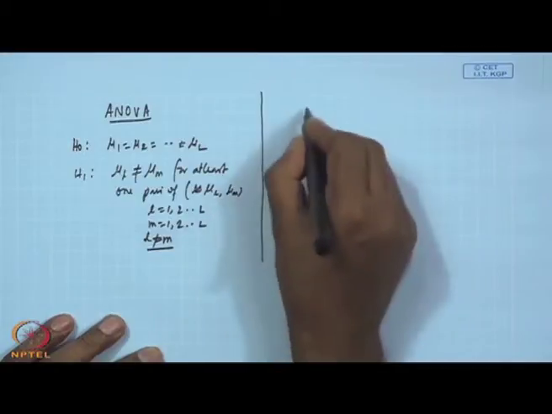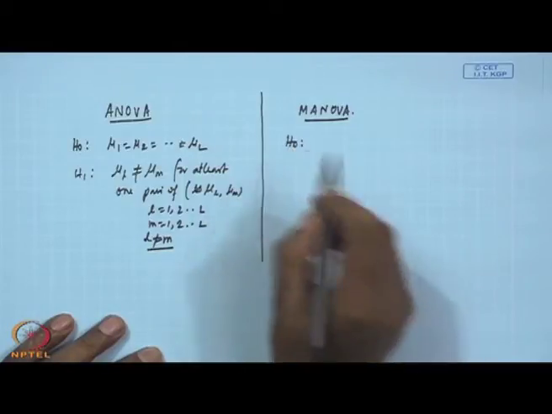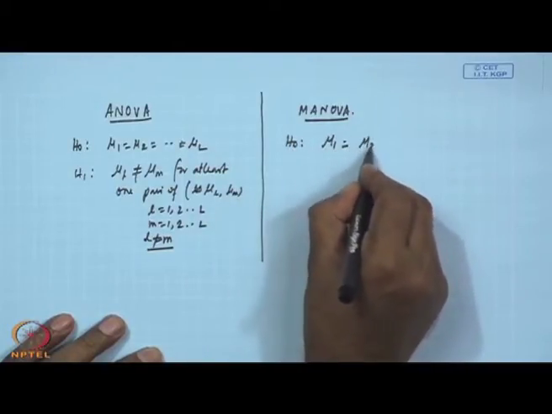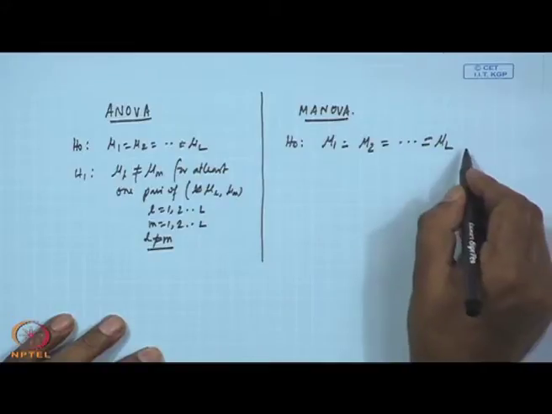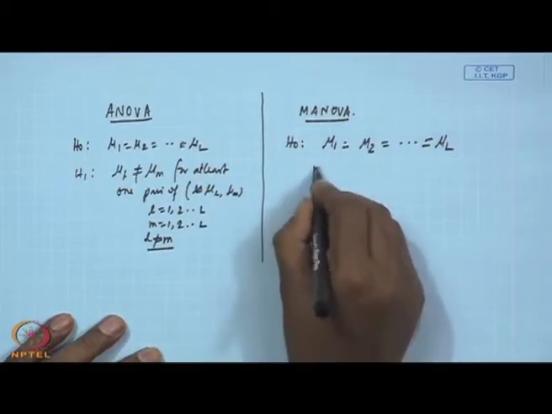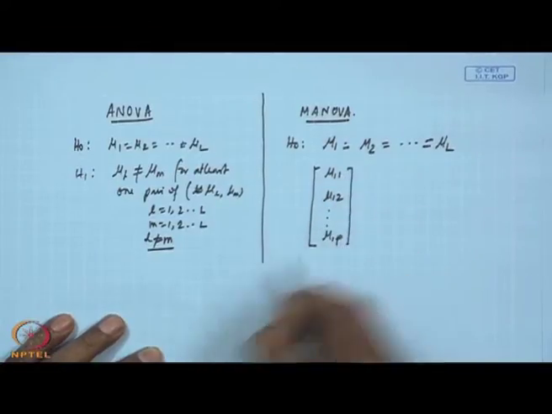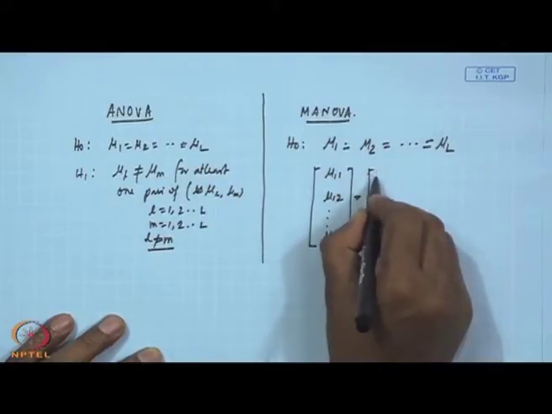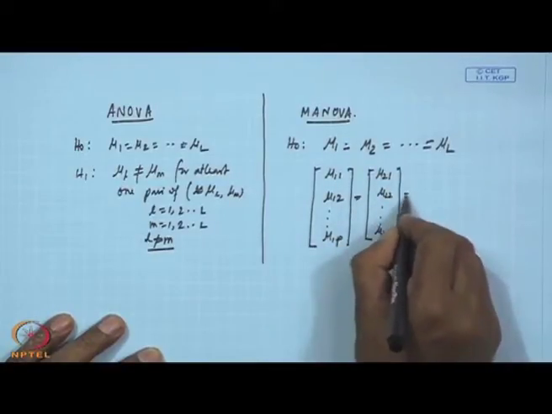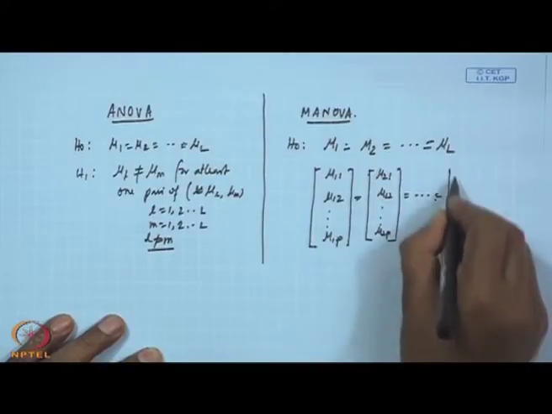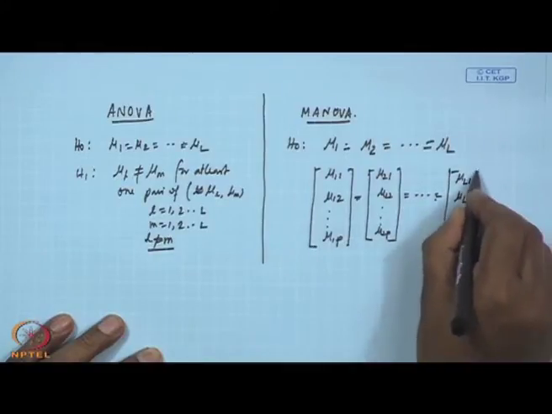And in MANOVA case, the hypothesis is the same, that we are saying H0 mu 1 equal to mu 2 equal to mu L. Please keep in mind, by saying this we are saying mu 1 1, mu 1 2, like this mu 1 p equal to mu 2 1, mu 2 2, mu 2 p equal to finally mu capital L 1, capital L 2, capital L p.